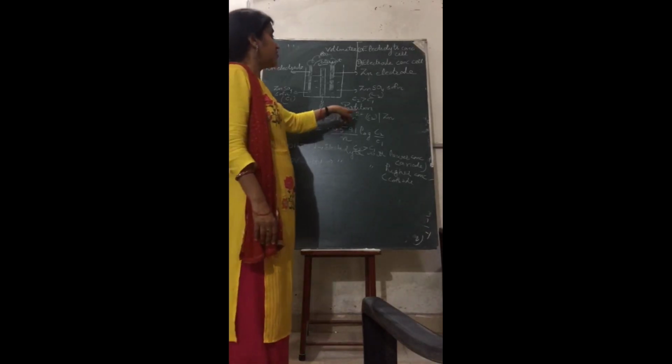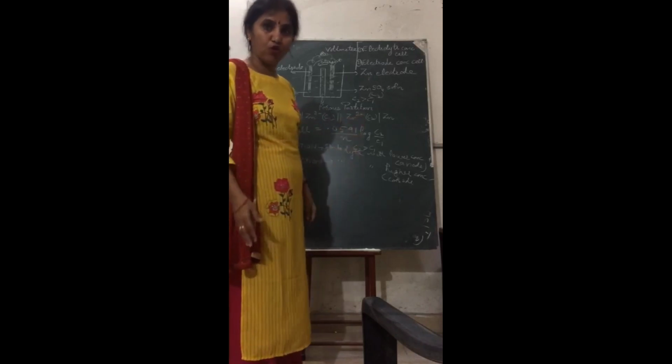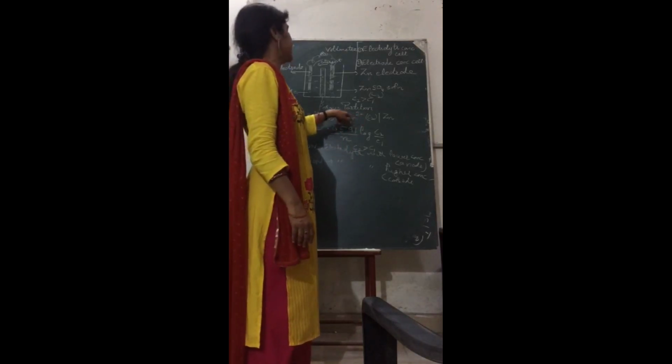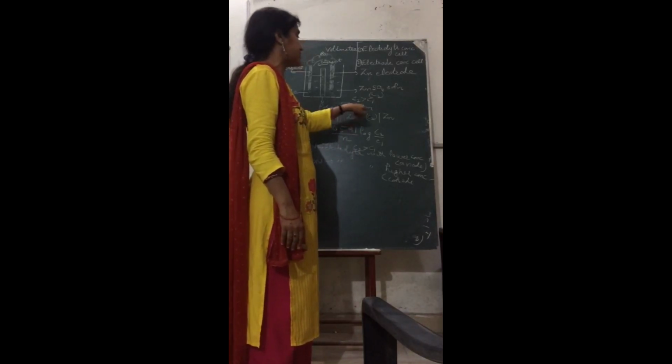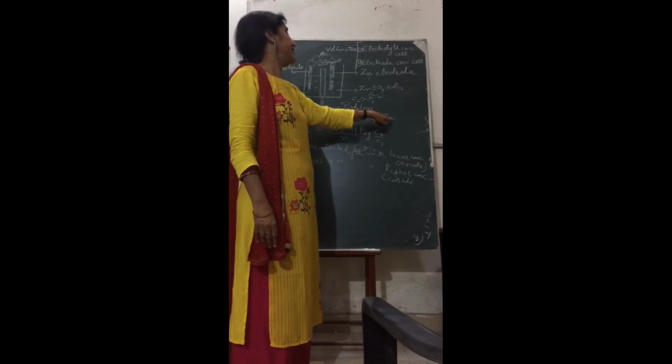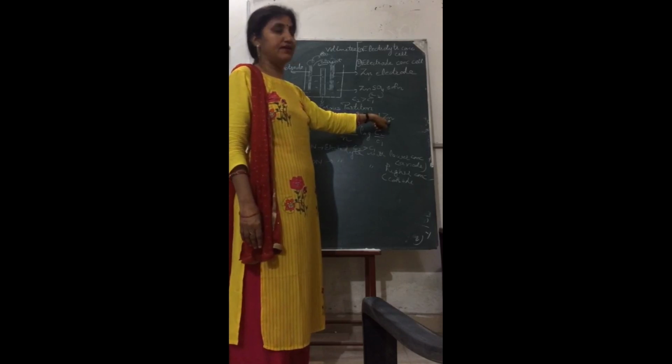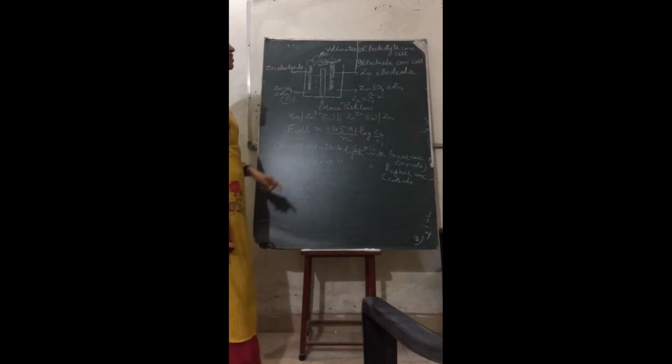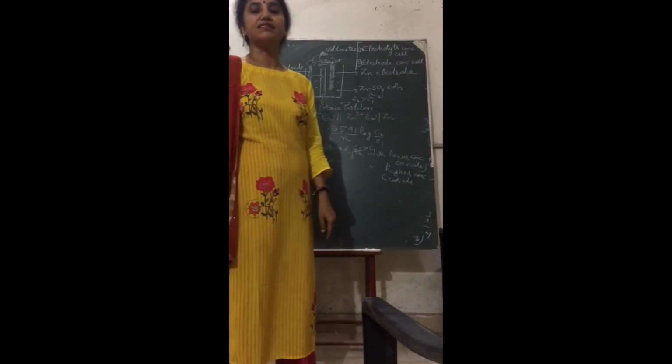After the salt bridge, we will write the cathode. In the cathode, first we will write the electrolyte whose concentration is C2, and it is separated by the electrode zinc. So that is the representation of an electrolyte concentration cell.